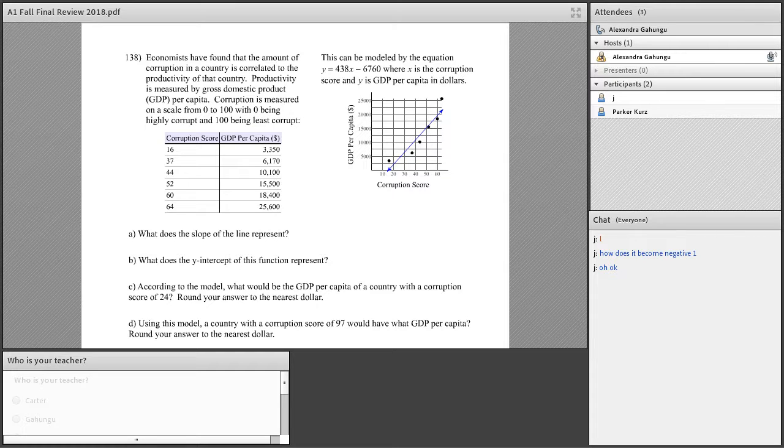So we are looking at our equation where x is corruption score and GDP is y. So what does the slope represent? It represents, in this case, our GDP over our corruption score.